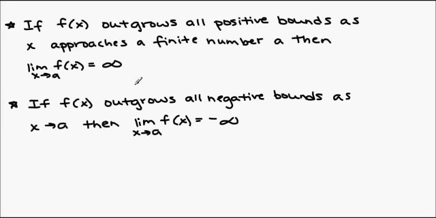So basically, if your y value is getting very large as x approaches some value, then the limit at that x value is infinity. And if f of x outgrows all negative bounds as x approaches a, then the limit of your function as x tends to a is equal to negative infinity.